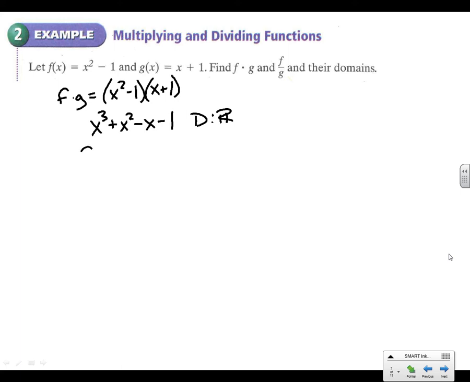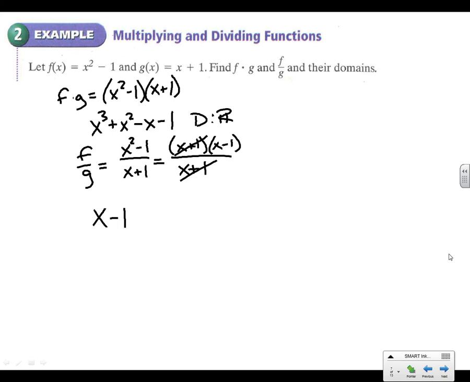Now let's divide. F over g is going to be x squared minus 1 over x plus 1. And we can factor this into x plus 1 and x minus 1 all over x plus 1. This is going to cancel, and so our answer is x minus 1. But remember that we can't have 0 in the denominator.